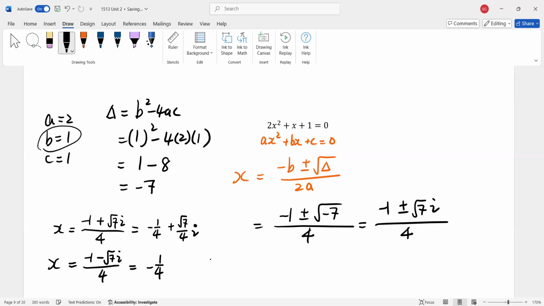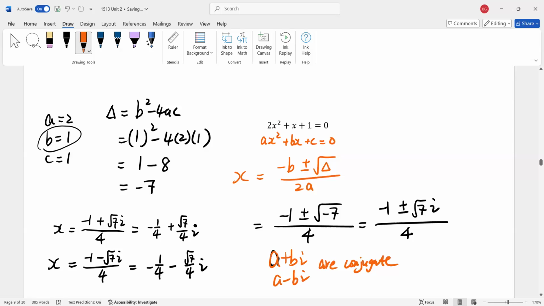It's -1 over 4 minus root 7 over 4 i. Remember conjugate? A plus bi and a minus bi are conjugates. Two complex numbers are conjugates if they have the same real part but opposite imaginary part.